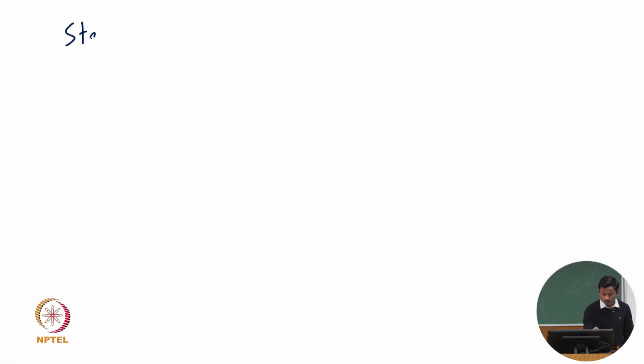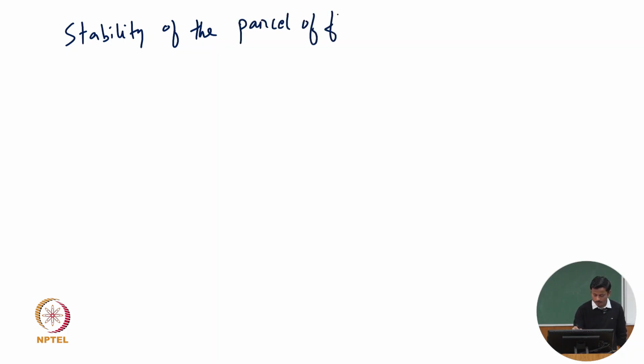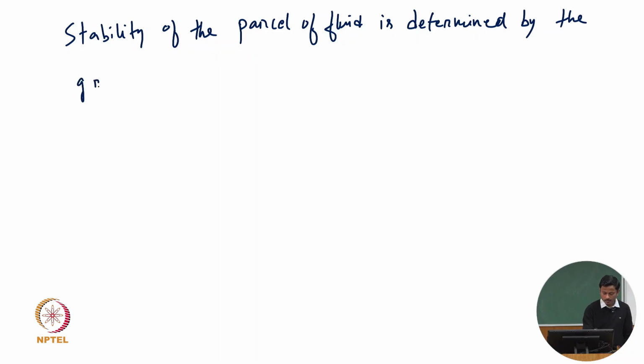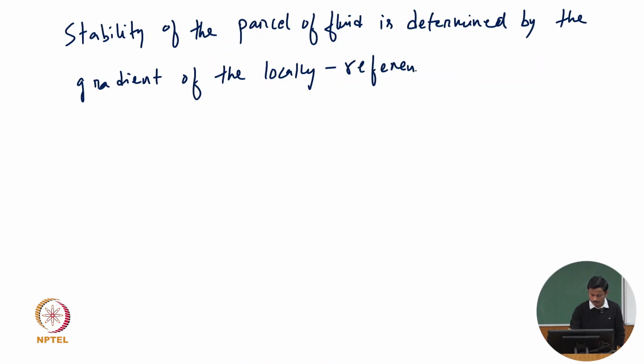So we can write a statement: stability of the parcel of fluid is determined by the gradient of the locally referenced potential density.